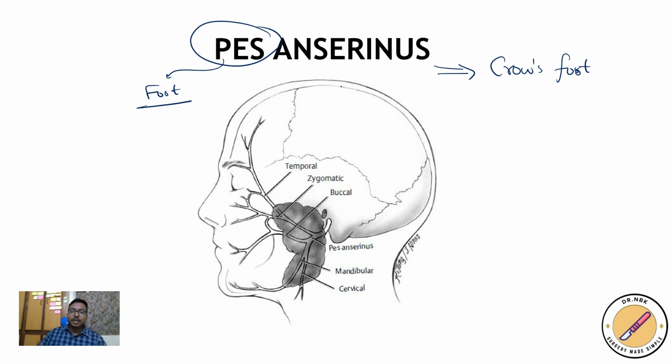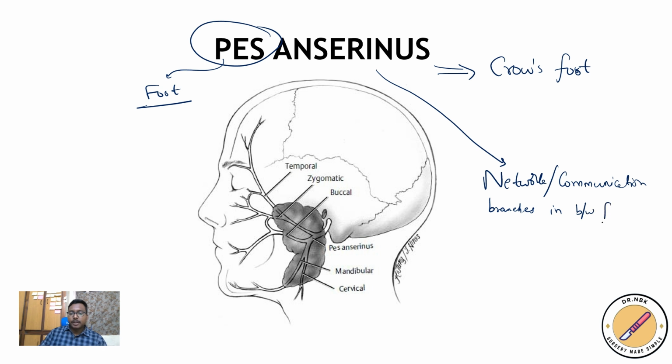Pes anserinus is nothing but a network of communication branches. Where is it present? In between the branches of facial nerve. In between facial nerve branches.